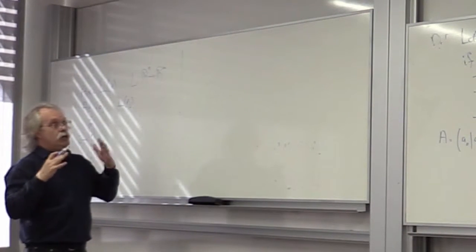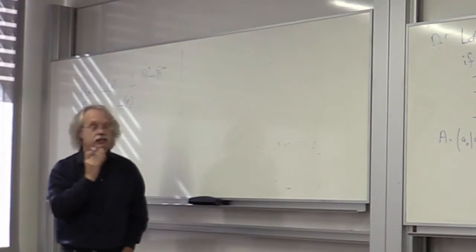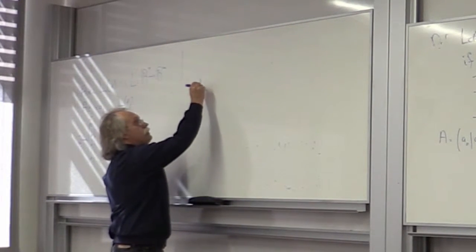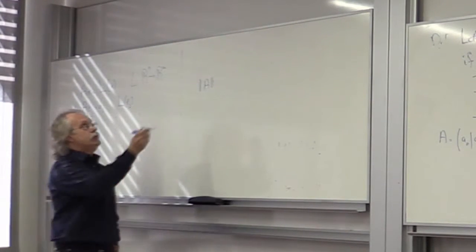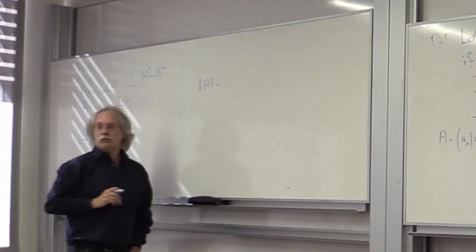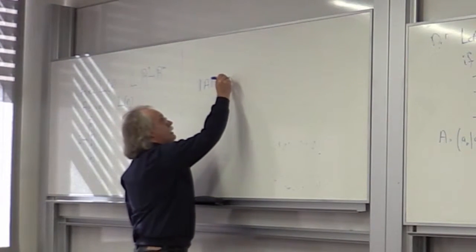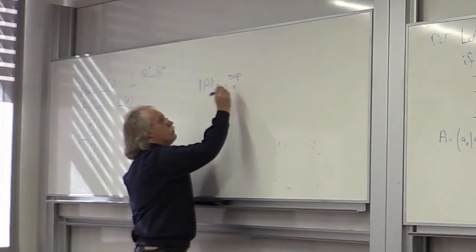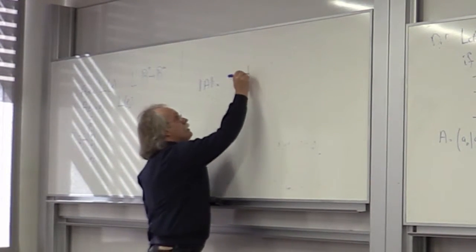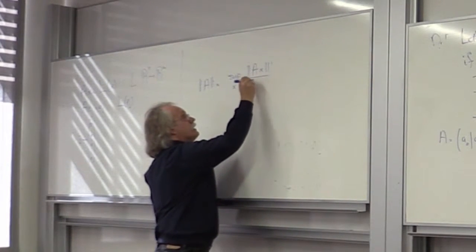So, what are we really saying? We're given a matrix A, and what we would like to do is say that the norm of that matrix is given by the supremum over all x of the norm of A times x divided by the norm of x.